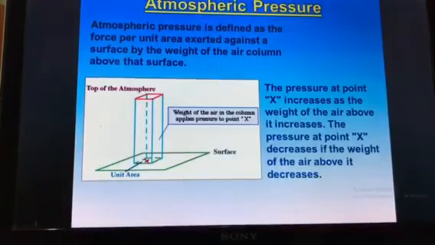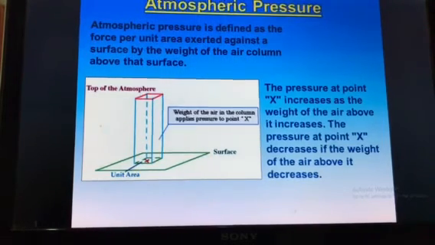Okay, now what do we mean by atmospheric pressure? Atmospheric pressure, or you can say standard pressure, at a location is simply the weight of air above that location per unit surface area.